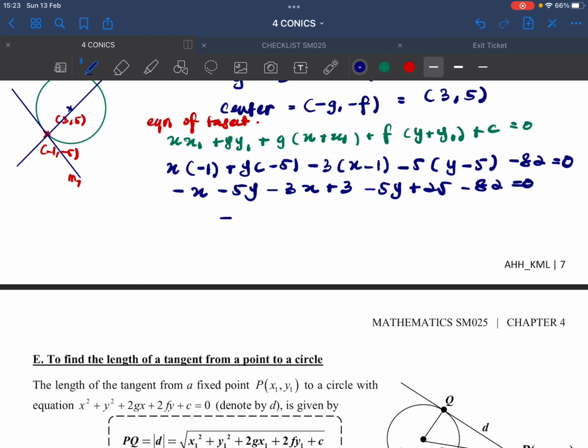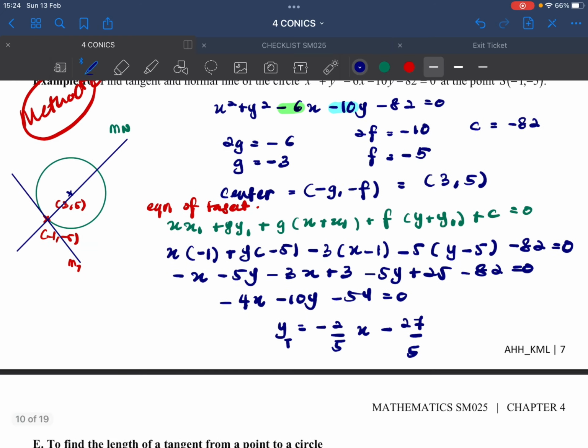We should get -4x minus 10y minus 54 equals 0, and make y the subject, you should get y equals negative 2 over 5 x minus 27 over 5, which is your equation of tangent. Very easy, you just substitute everything into the equation and you get the equation of tangent.